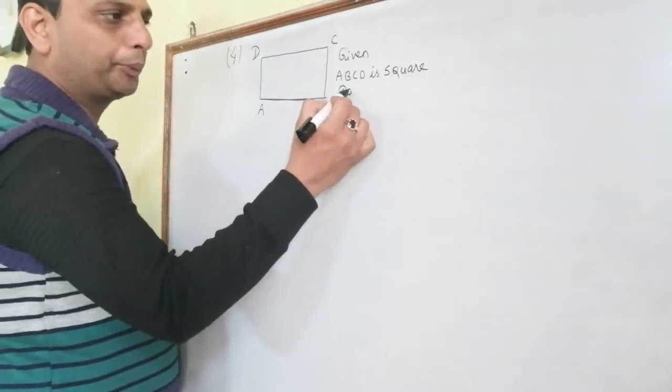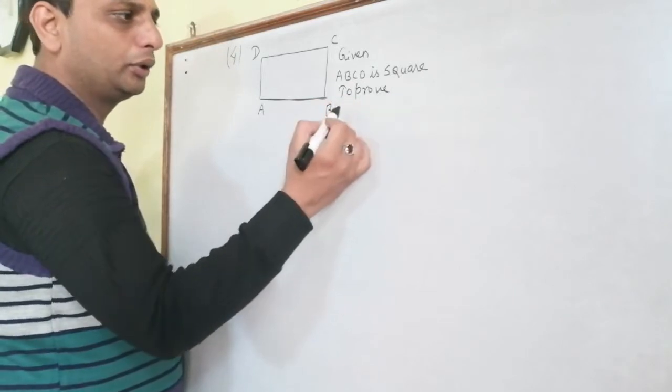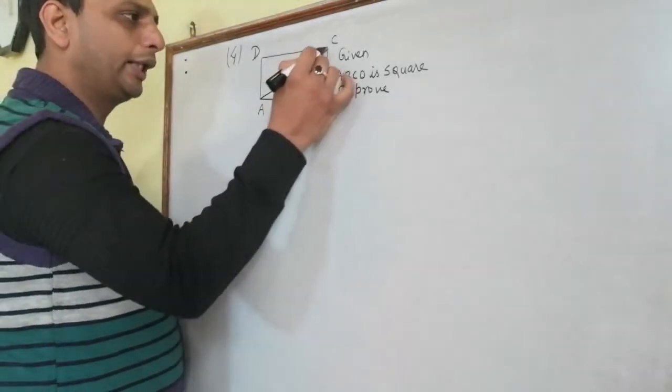To prove that the diagonals are equal, we have to make the diagonals here.